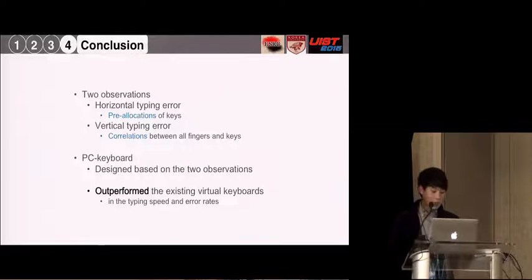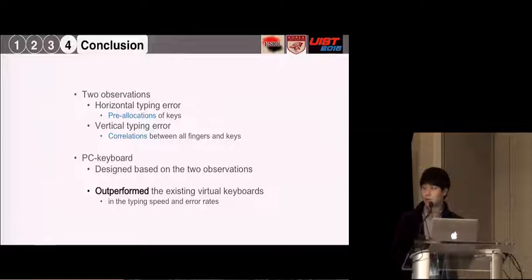In conclusion, I'd like to summarize my presentation. First, one major reason that current virtual keyboards are slower to use is the horizontal and vertical typing errors. To improve these typing errors, we propose a pre-allocation of keys and correlation between all fingers.